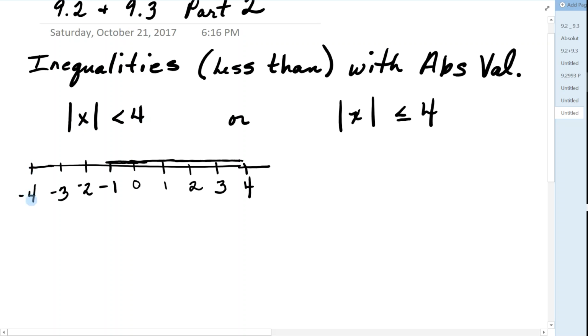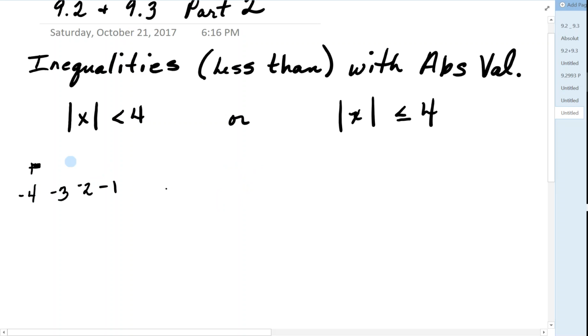Negative 4, its absolute value is equal to 4, so it's actually everything over here. So what I've tried to highlight in a very messy format is that if the absolute value of some mystery number is less than 4, then that mystery number must fall between negative and positive 4. With the key word there being between.